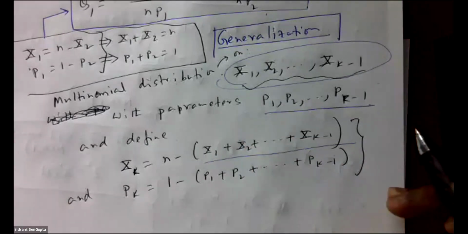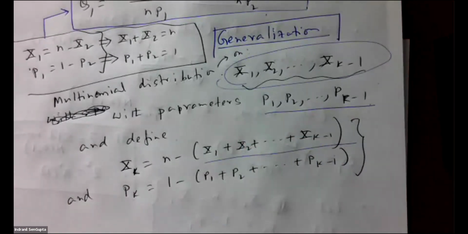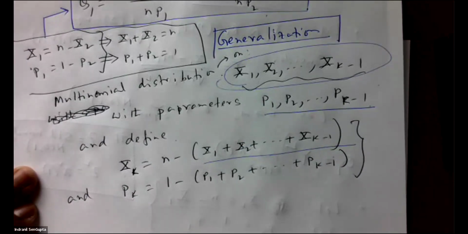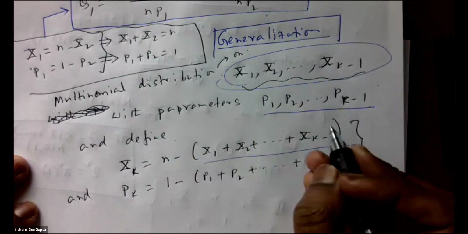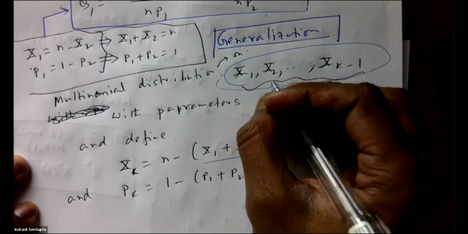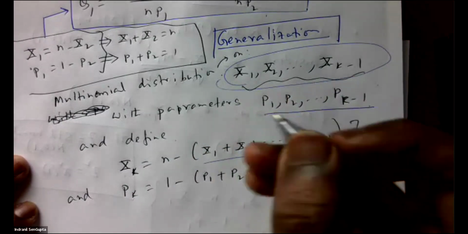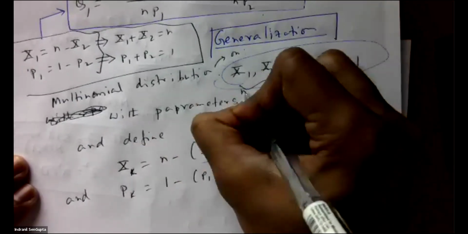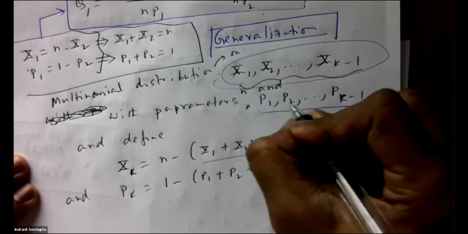Here we are defining it for an initial k minus 1 random variables. If we did that, it's a multinomial distribution with parameters n and p1, p2, up to pk minus 1.